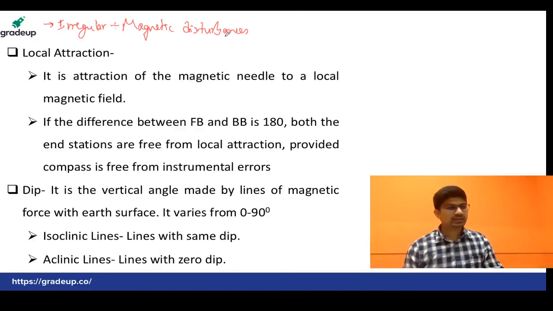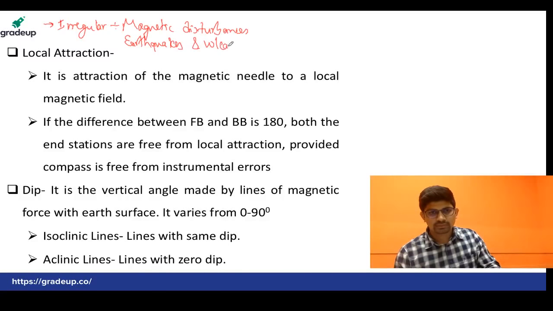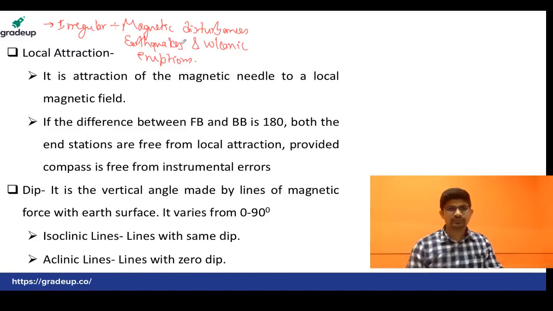Magnetic disturbances in Earth's magnetic field will lead to the irregular variation of declination. Earthquakes and volcanic eruptions are also partly responsible, and these will also affect the magnetic declination. So these are the four types of variations which occur in declination.